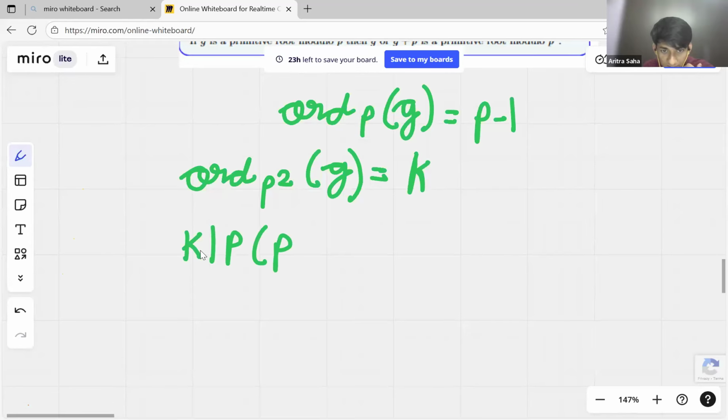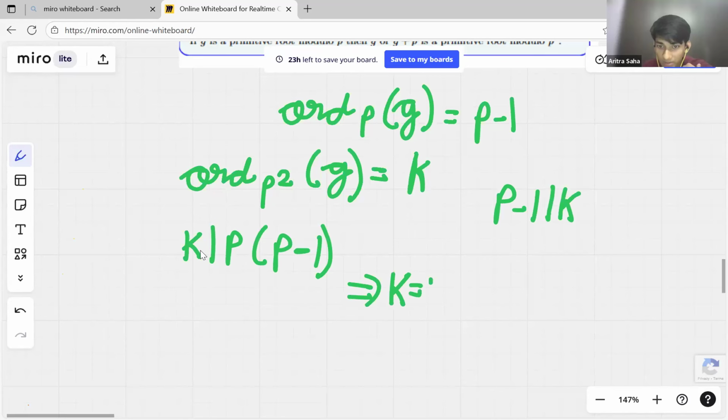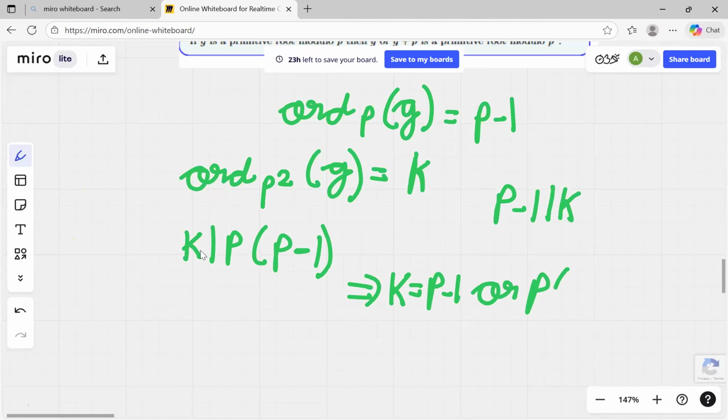But we also know that p minus 1 divides k, because if we take mod p, we can take the same thing mod p, and we know that p minus 1 divides k. So from here we get that k is equal to p minus 1 or p times p minus 1. And if it's p into p minus 1, then we are done.